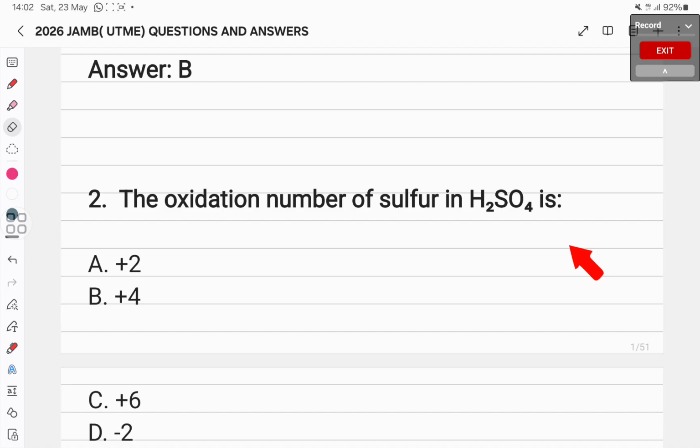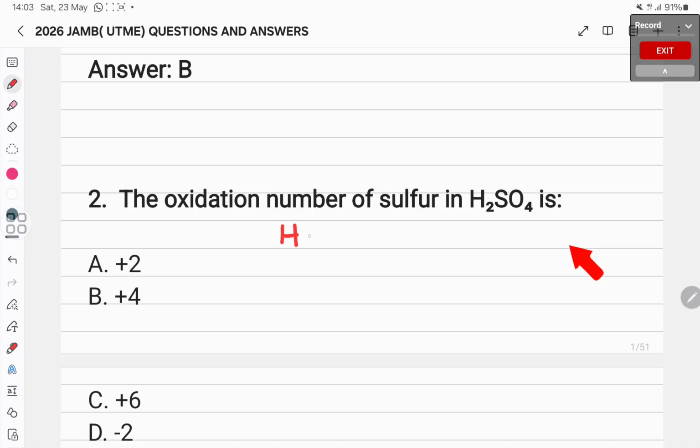With the knowledge of these rules, the student will be able to calculate the oxidation number of the elements. Here we are calculating the oxidation number of sulfur, so the oxidation numbers of the other elements, hydrogen and oxygen, will have been known.